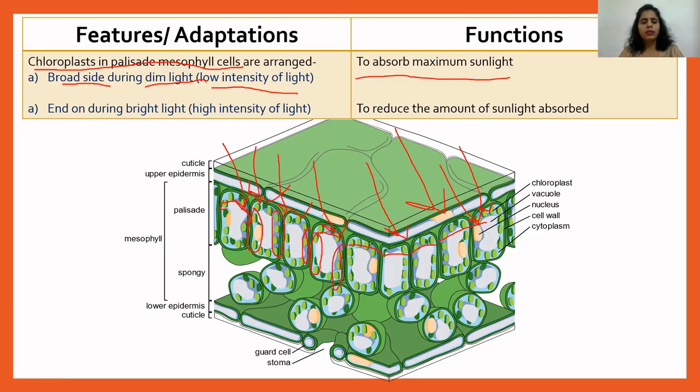So arrangement of chloroplasts broadside during low intensity of light allows them to absorb maximum sunlight, and arrangement end on during bright light, that is high intensity of light, helps reduce the amount of sunlight absorbed.